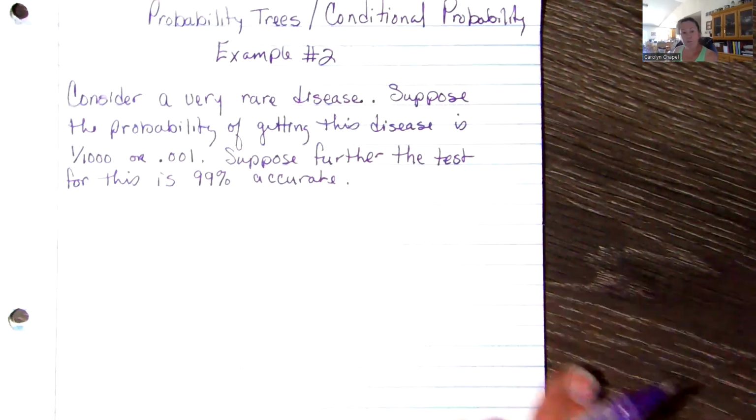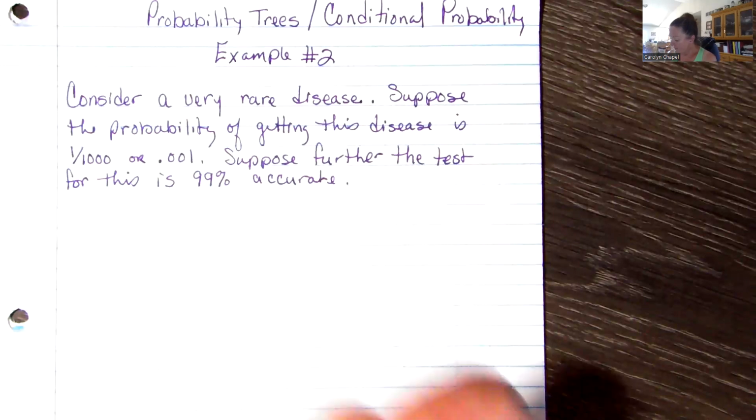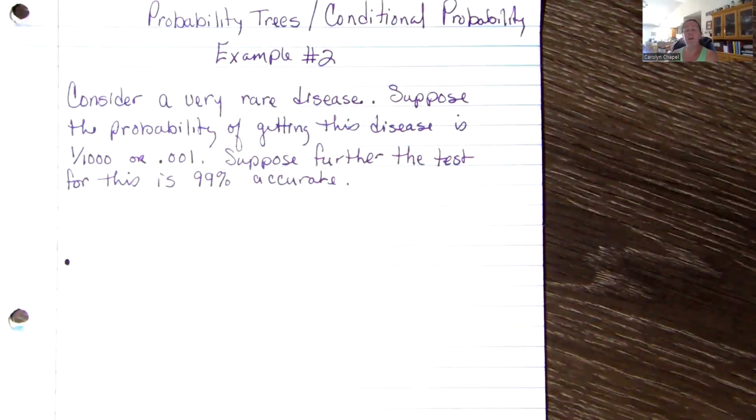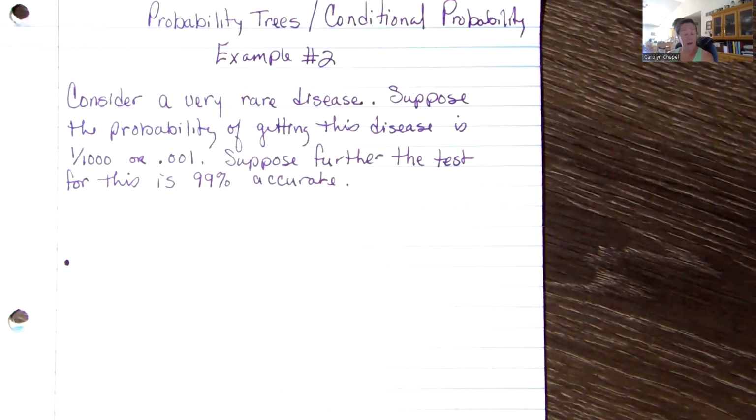Okay, and the first thing I'm going to do for this is to draw this tree. So let's say here you are. So again, when I draw my trees, I like to think of me in this situation. So here I am. And of course, I am going into the doctor for whatever reason, and they're going to perform this test.